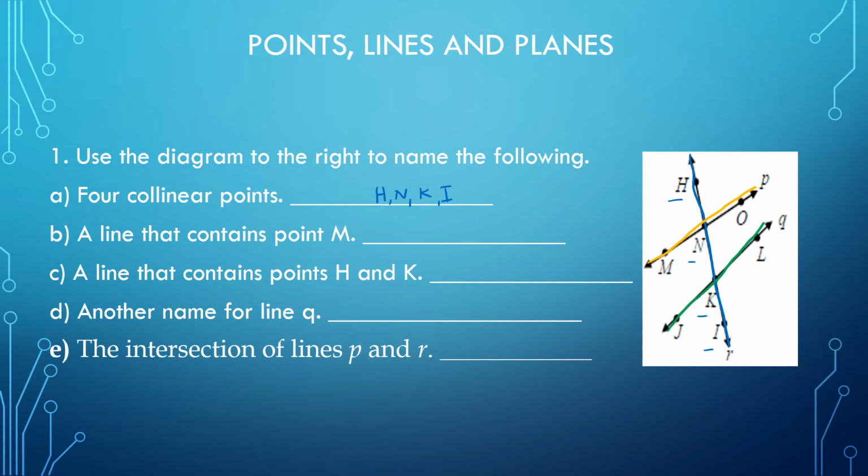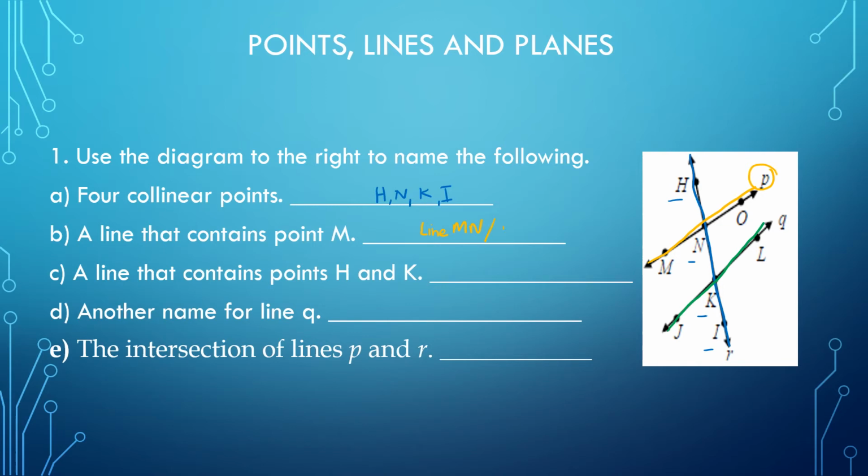You can use multiple combinations, or you can just use the lowercase letter that's given on the side to name that line. We're gonna stick with a few combinations, and you can try multiple different ways and then come up with different names. So let's use the word line and two letters MN.